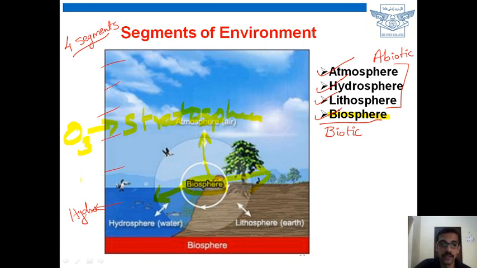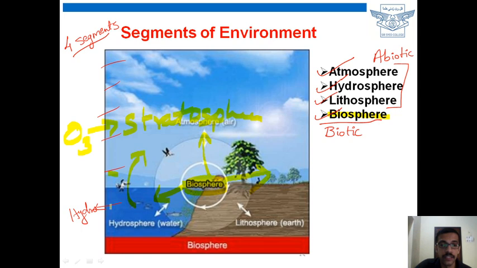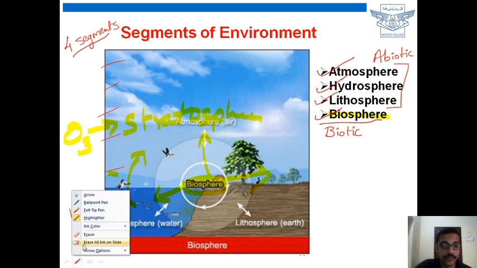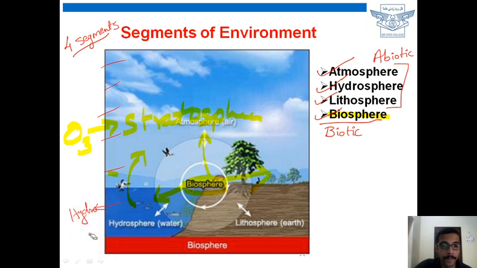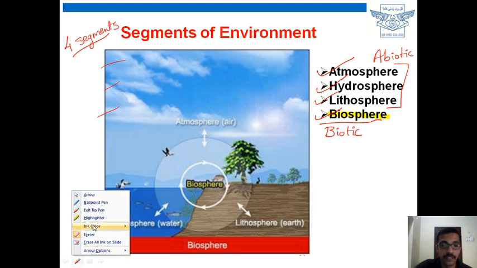the hydrological cycle also, because the hydrological cycle starts from here. Let me clean this. Okay. So the hydrological cycle, from where it starts, it actually starts from here.